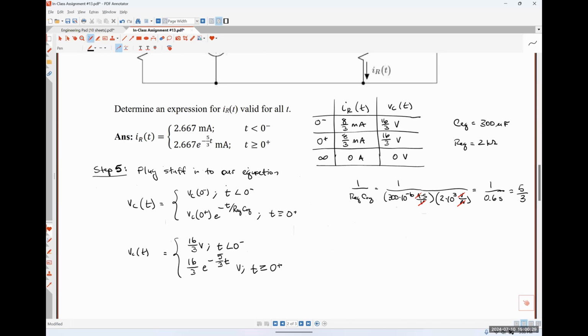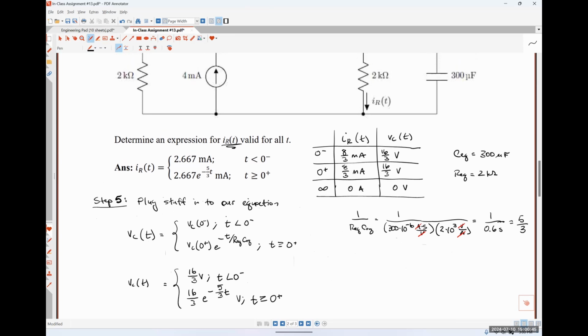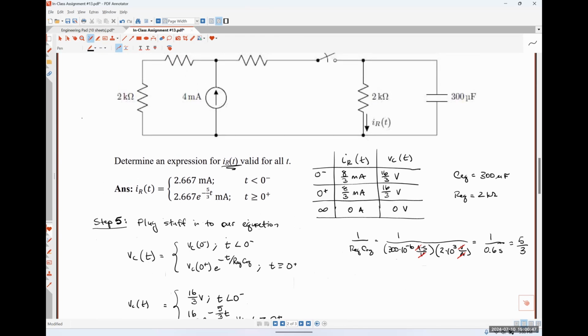Okay, so we know what the capacitor voltage was doing as a function of time, but we were asked to figure out what our resistor current was doing as a function of time. So knowing what the capacitor voltage was, how would we get that resistor current?